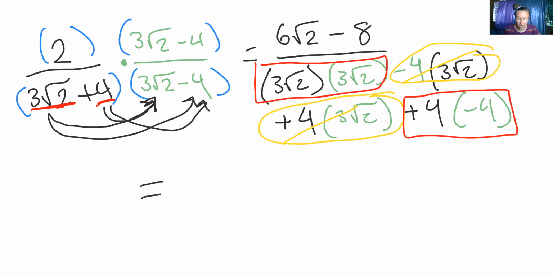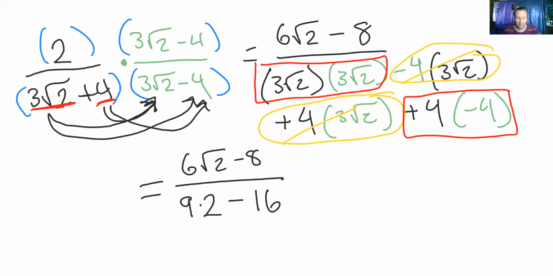Again, our numerator is the 6 root 2 minus 8, and our denominator is 9 times 2, right? Because 3 root 2 squared is going to be 9 times 2 minus 4 times 4, 16, and 9 times 2 is 18. So that's just 2. So we've got 6 root 2 minus 8 over 2.